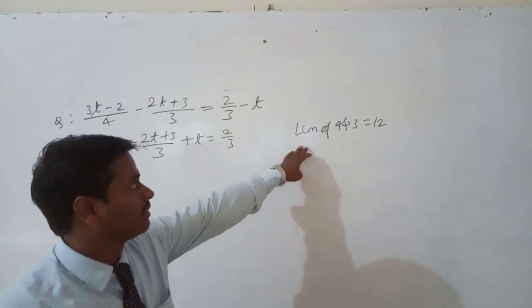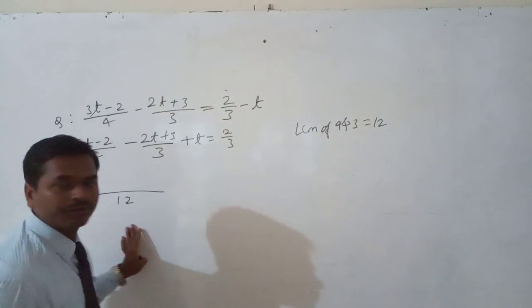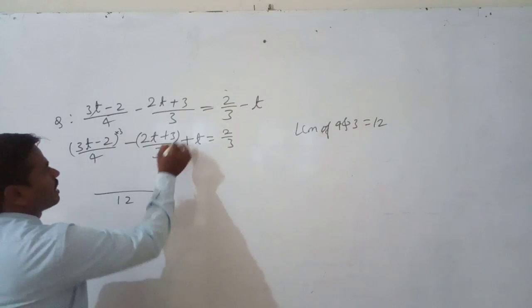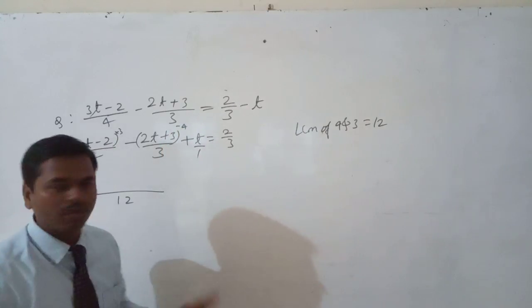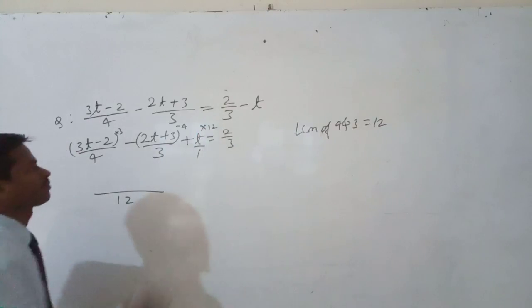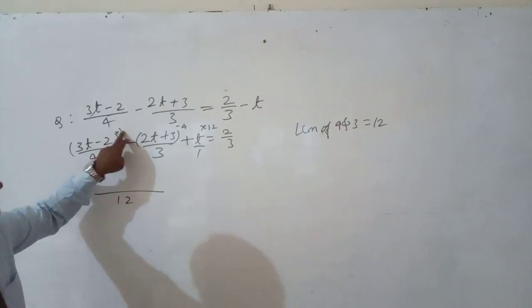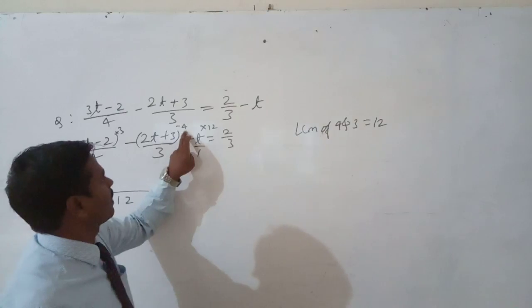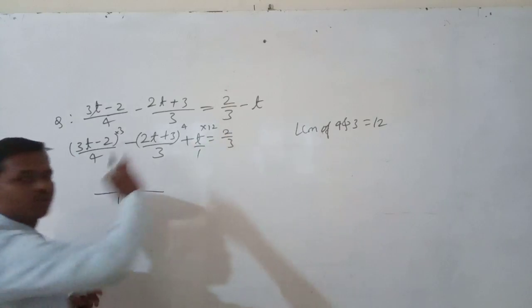Now what is here? 12 is the denominator LCM value. 4 3s are 12, so we should multiply 3 here. 3 4s are 12, so we should multiply 4 here. For the t term, 1 into 12, we should multiply 12.